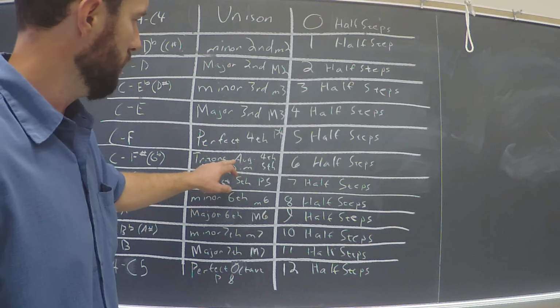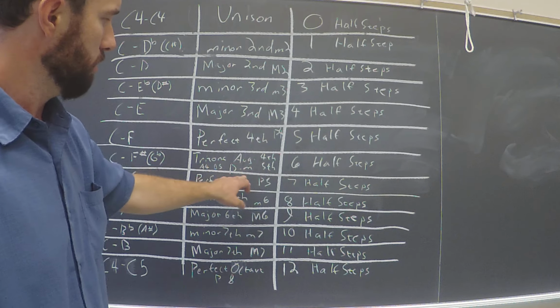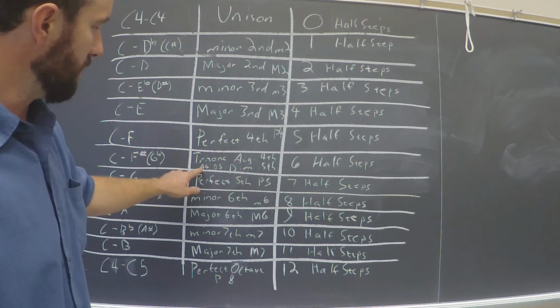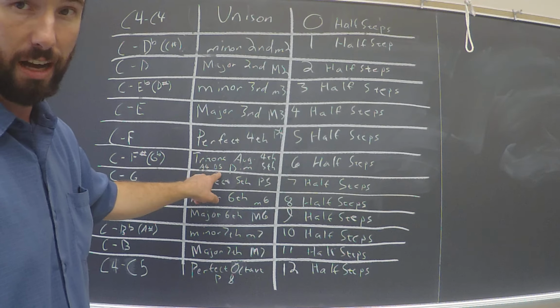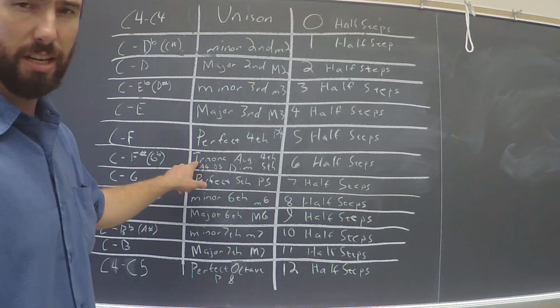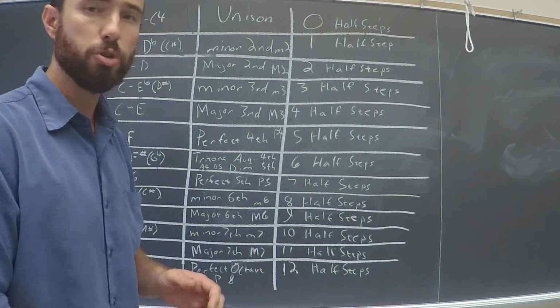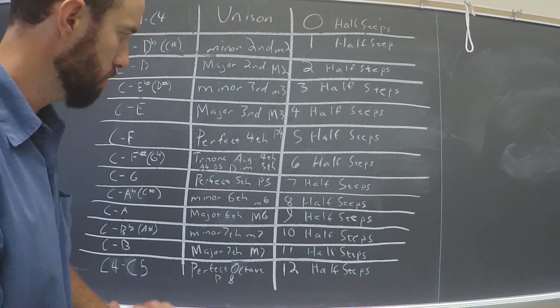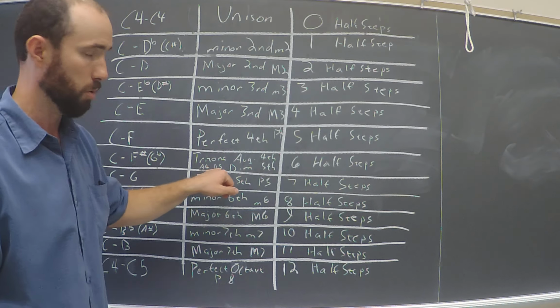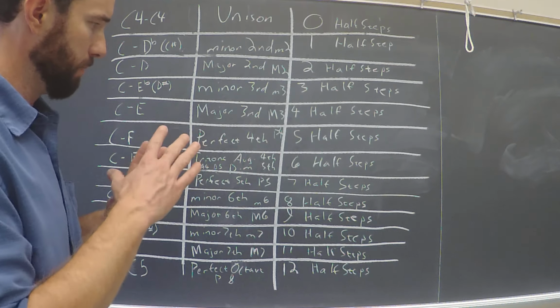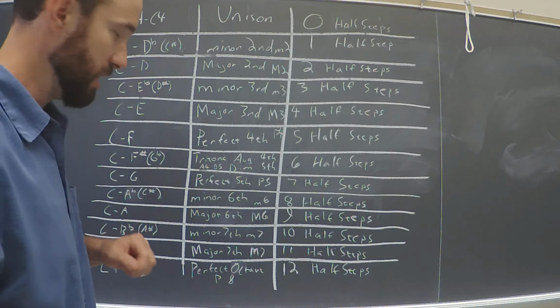So a tritone is also called an augmented fourth or a diminished fifth, abbreviated A4 or D5. Usually you don't see it as TT, but you could, because then it's tritone, right? Usually you see tritone written out, or you would see the A4 or D5 as an abbreviation.